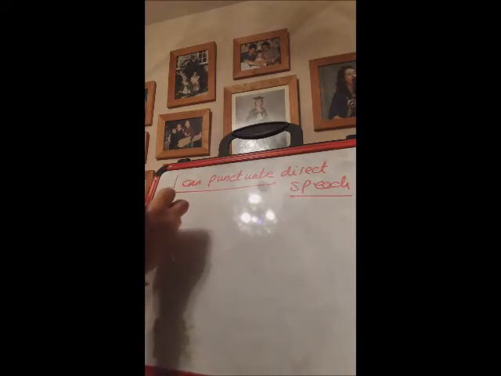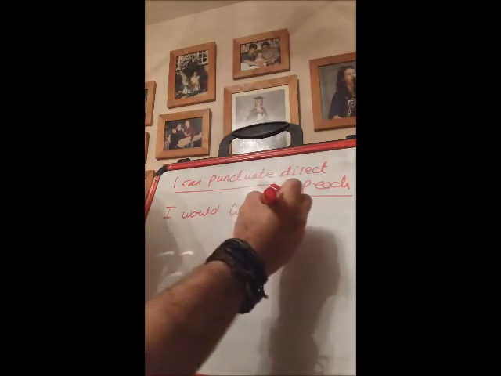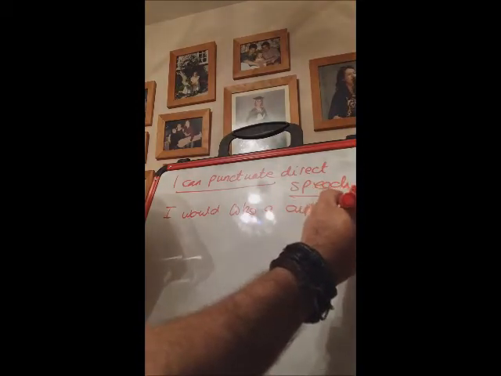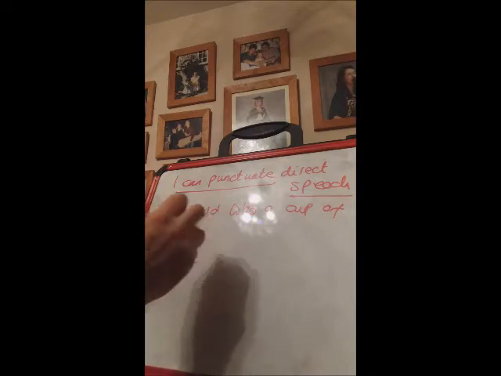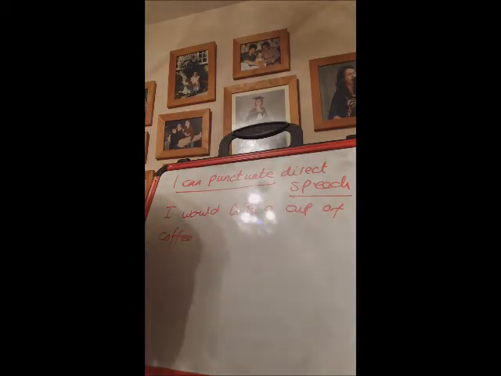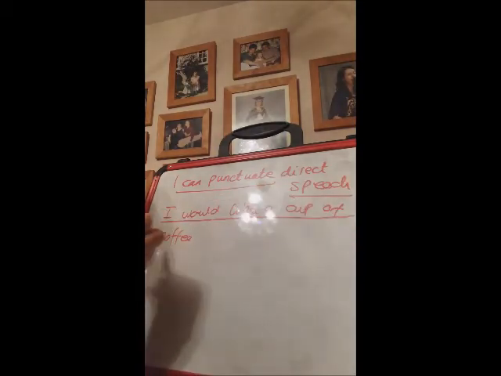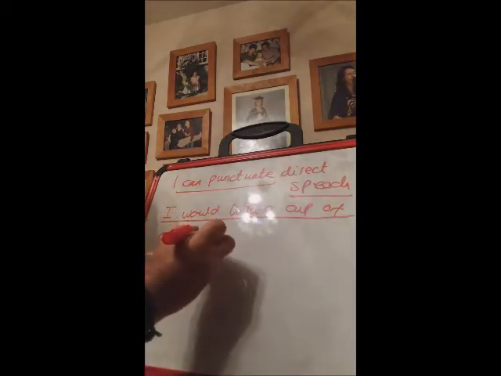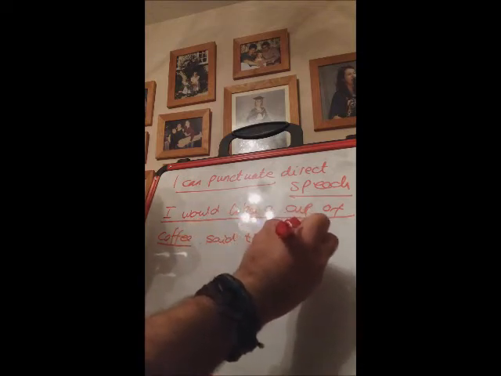I would like a cup of coffee. Now, the teacher is actually saying that, so what we could do is underline the bit that the teacher is saying, and then we can add "said the teacher."